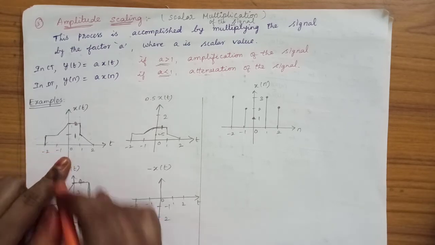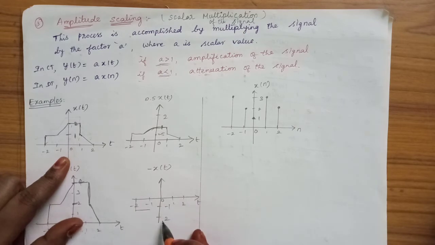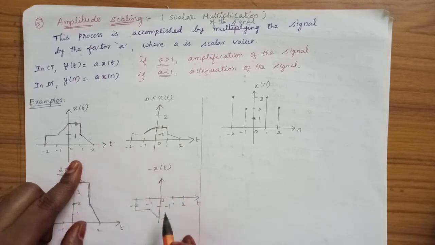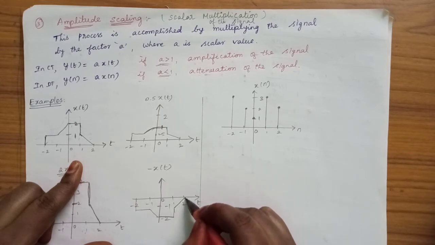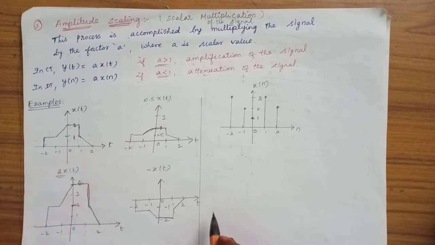Minus 1 to 0, it increases towards minus 2, and 0 to 1, it remains at minus 2, and 1 to 2, it is reduced from minus 1 to 0.